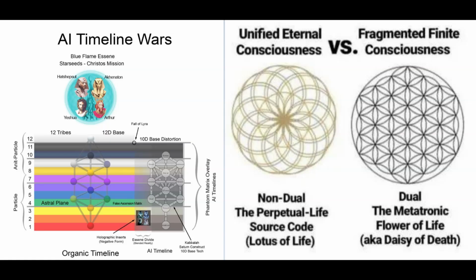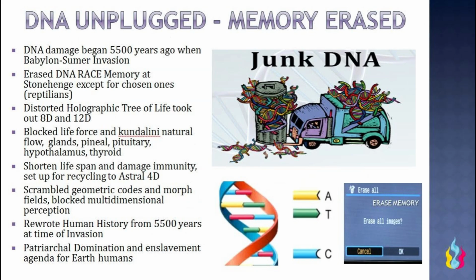The base 10 code is a finite cycle, bound by time, physical limitations, and mortality. The base 12 and the eternal life code is aligned with spiritual continuity, infinite growth, and existence beyond physical death.